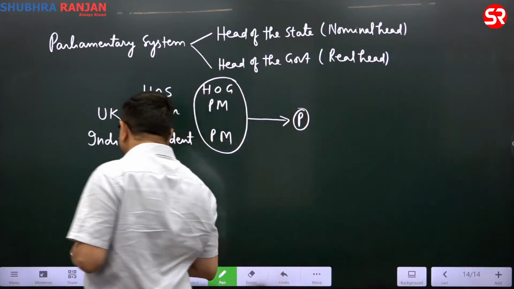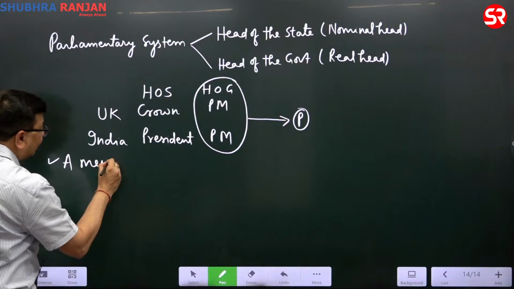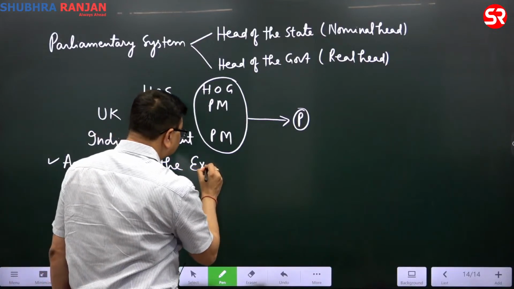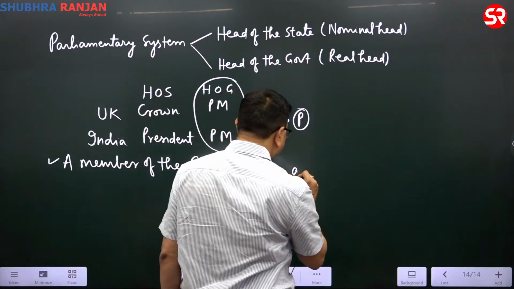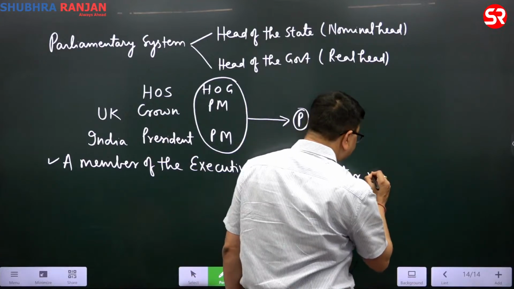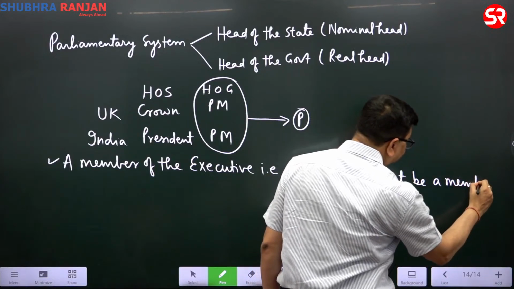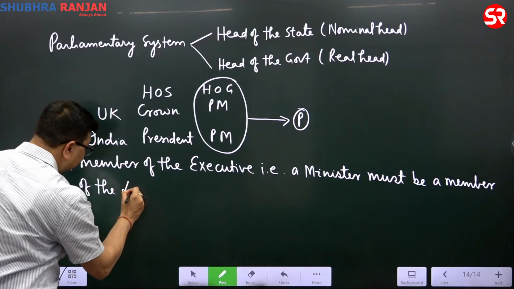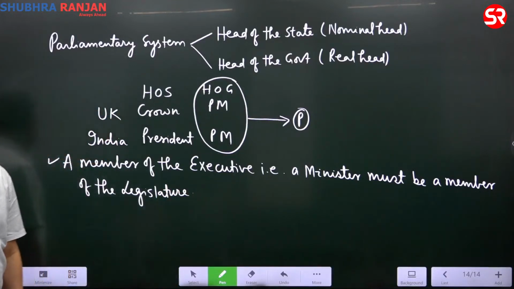The second point you can write, a member of the executive, that is a minister, must be a member of the legislature. Must be a member of the legislature.